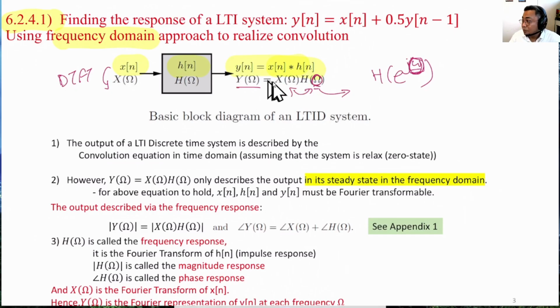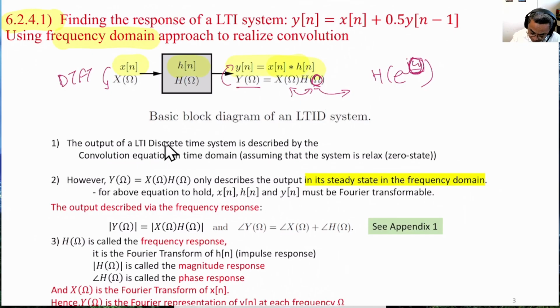Anyway, we know that Y of omega equals X of omega times H of omega, a much simpler computation in the frequency domain. Of course, once we get Y of omega, we need to get y of n by inverse discrete time Fourier transform.